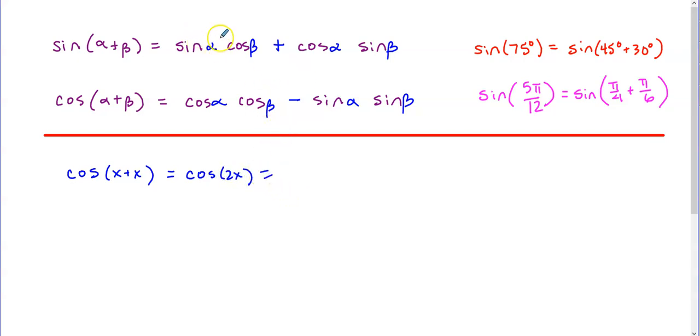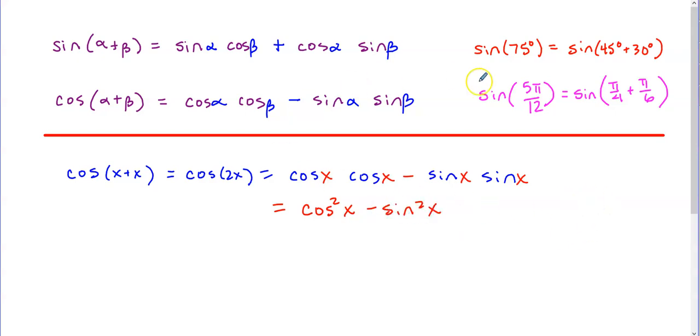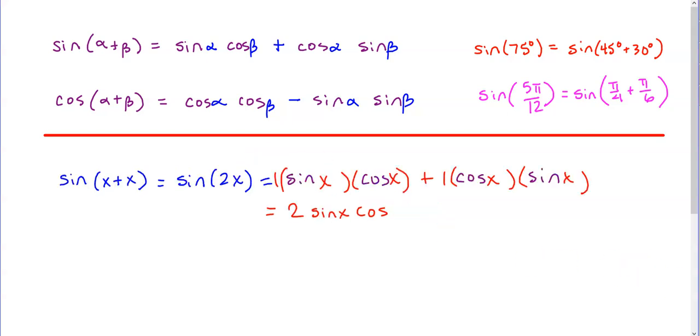My chant goes sine, cosine, cosine, sine, and then I have cosine, cosine, sine, sine. I'll put the x in, it's a minus, an x in, an x in. So this works out to be cosine squared x minus sine squared x. I know it should not be sine squared plus cosine squared because that would be 1, and that's not the same thing as cosine 2x. So there's my clue right there.